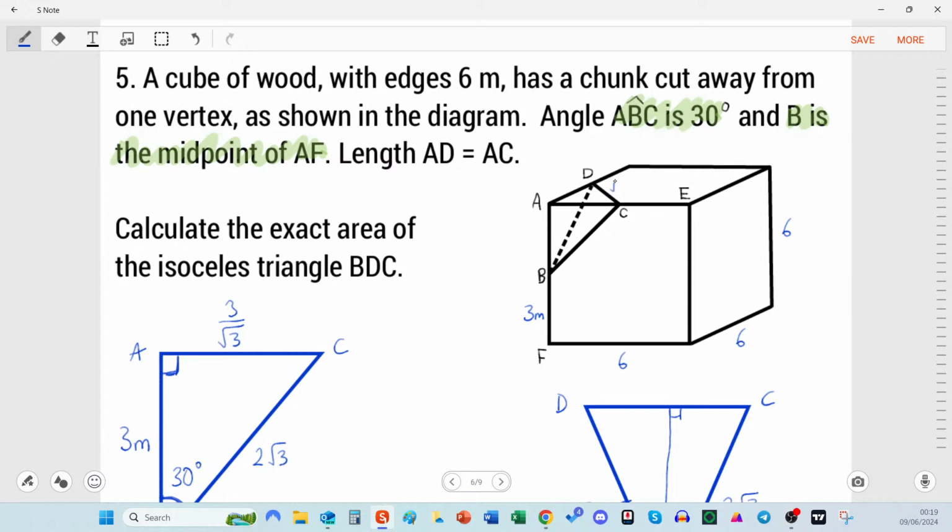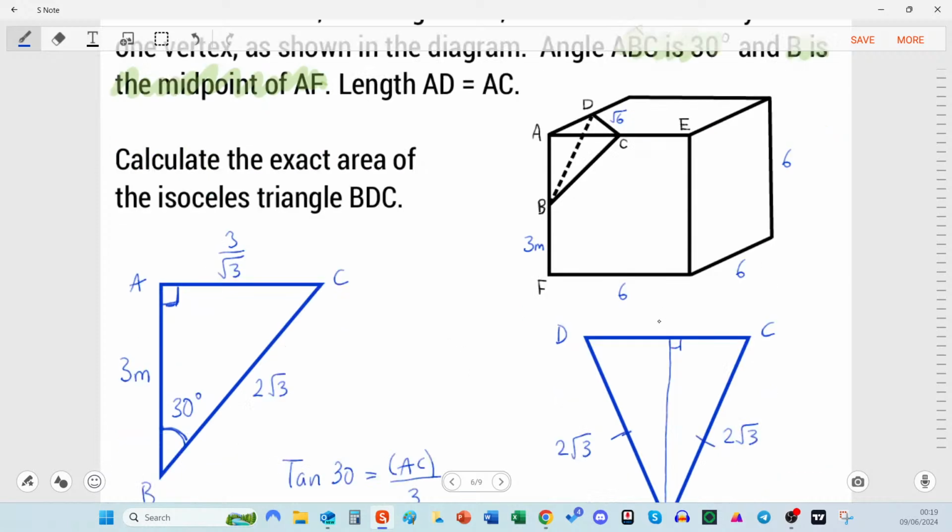Okay, looking back on where we've come, we now know that DC is root 6, which is this distance here. Let's draw a line. Let's get rid of that. We don't need that. This distance here is root 6, which means this distance is root 6 over 2.